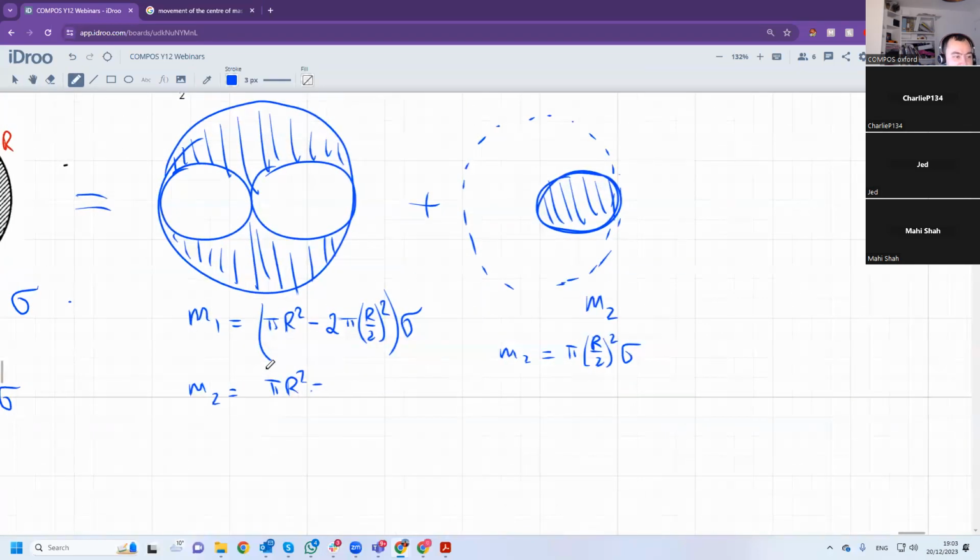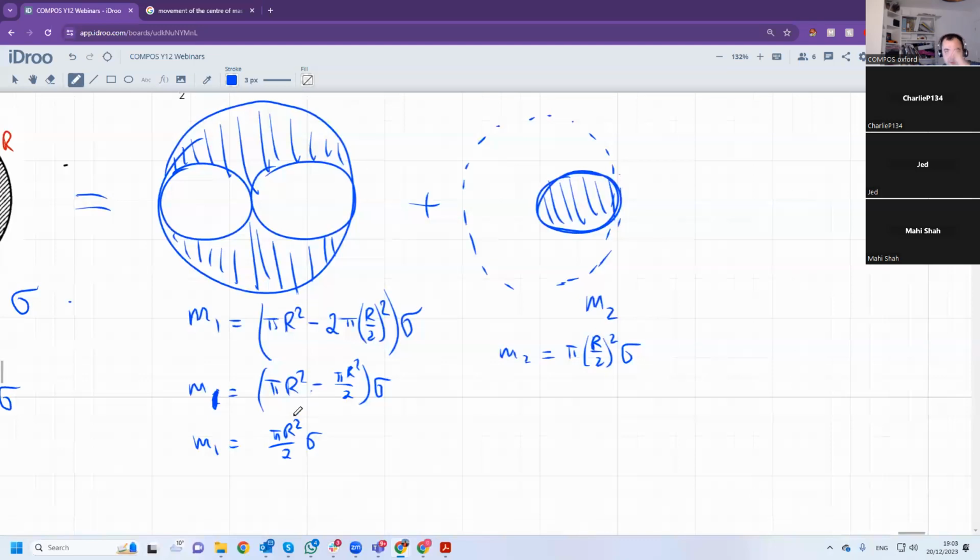Simplifying M1: pi r squared minus 2 pi r squared over 4, so it's pi r squared over 2 sigma. So M1 is pi r squared over 2 sigma.